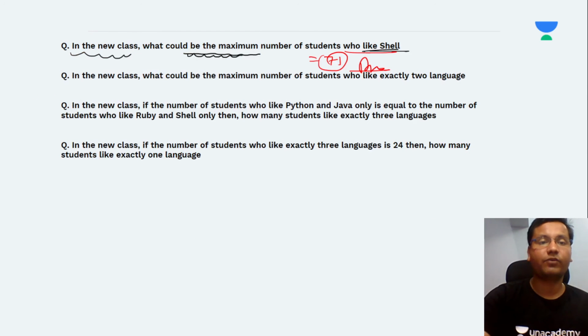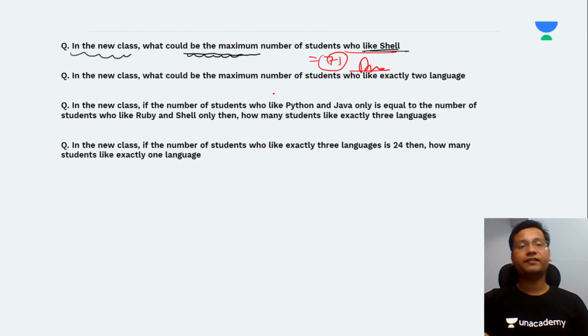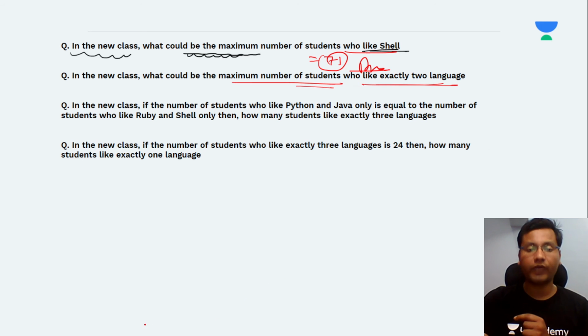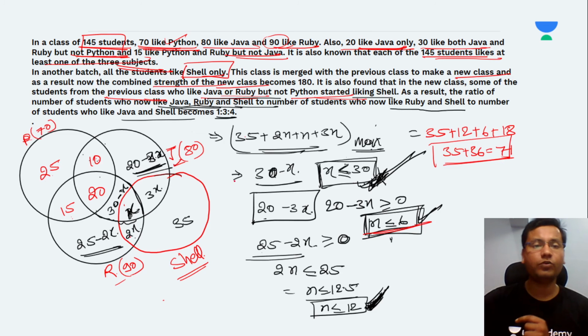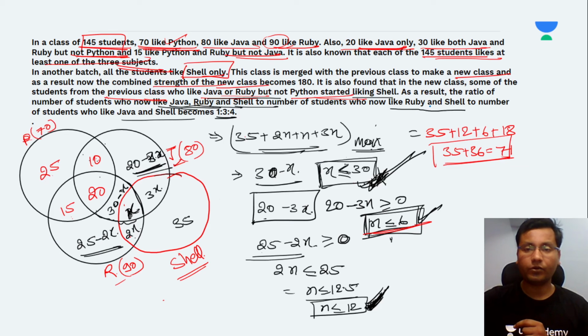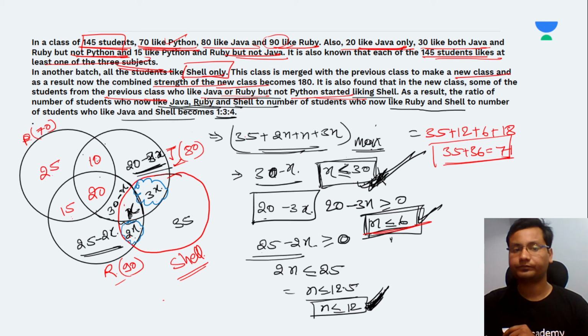Now look at the second question, guys. In the new class, what is the maximum number of students who like exactly 2 languages? What is exactly 2 languages? Write in the chat box. So 3x is exactly 2 languages, and 2x is exactly 2 languages.